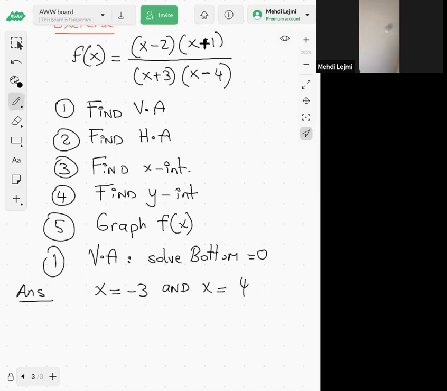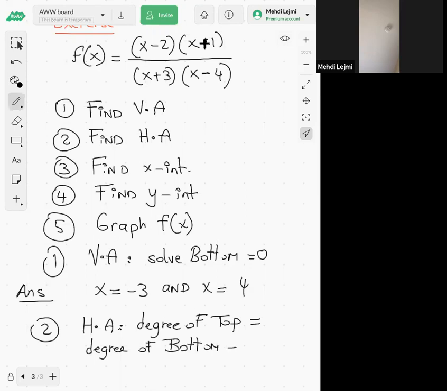For number 2, the horizontal asymptote, if you expand the top and the bottom, they have the same degree. The degree of p of x on top is equal to the degree of the bottom, which is 2.